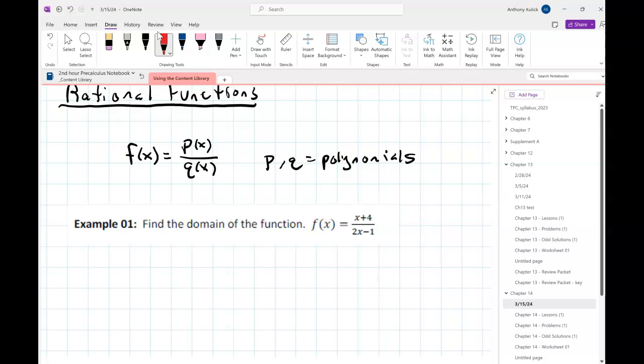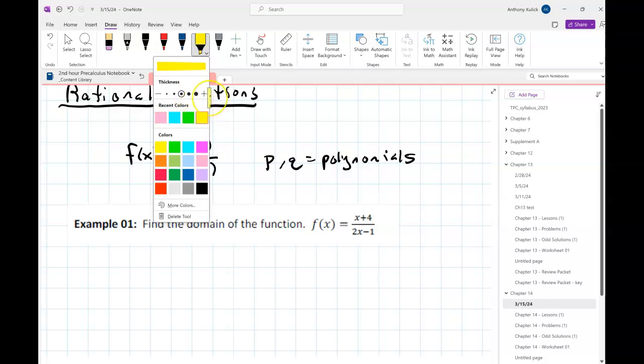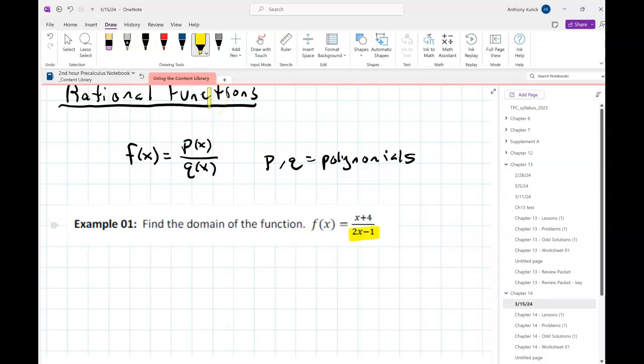Of those, which is the one that we really care about? The division, right? Because I know if I divide by, what gets me in trouble? Dividing by 0. So to find the domain for this rational function, I'm just going to worry about where the denominator can be equal to 0.